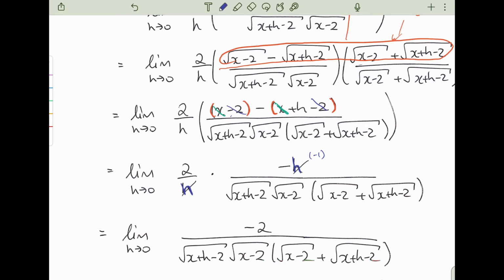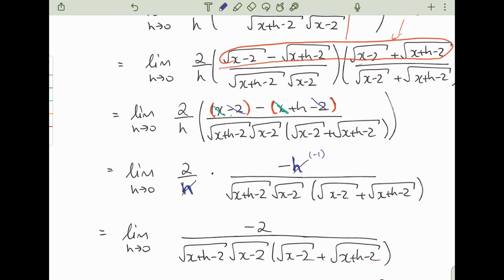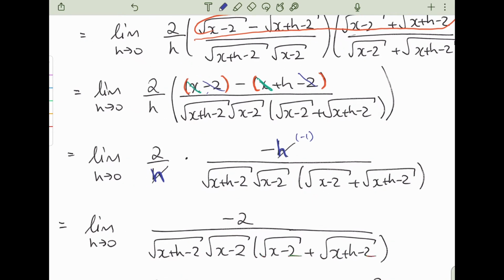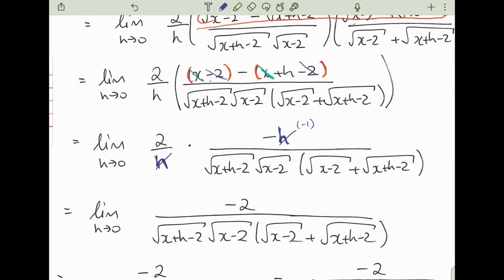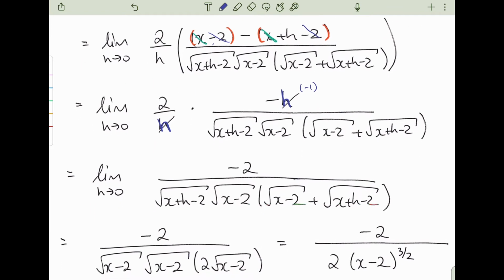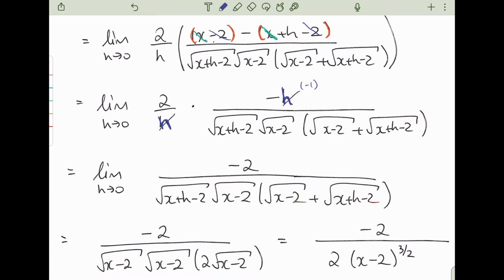We don't have to multiply through the bottom, which is a gigantic expression. We can just substitute h equal to 0 into this expression. So this thing becomes 0, right? Substitute. So we have square root of x minus 2 times square root of x minus 2, right?